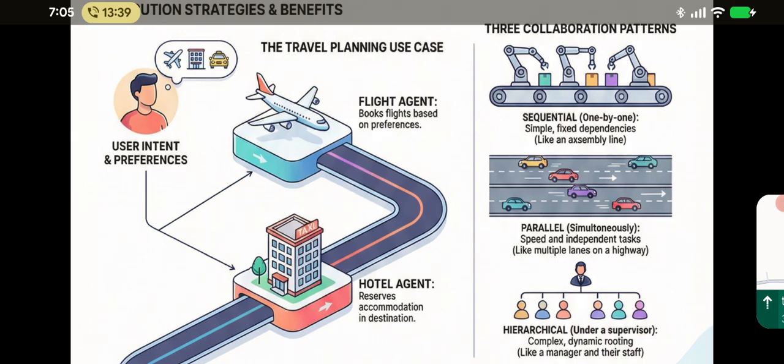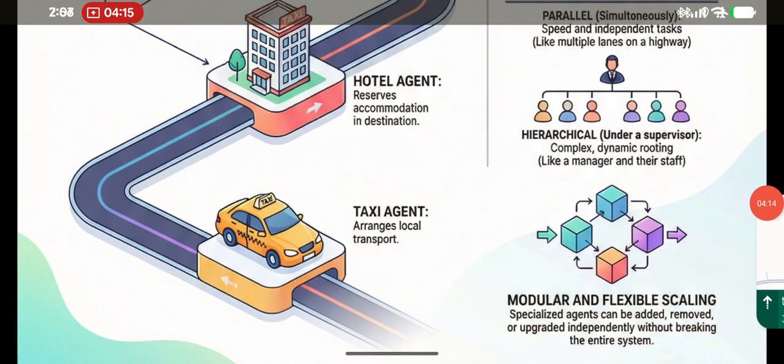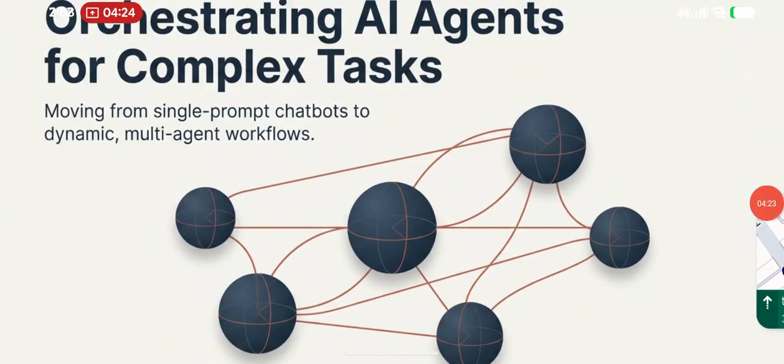So let's understand the pros and cons of each of those different mechanisms, whether it's serial, parallel, or orchestration, hierarchical, right? So in a simple agentic solution with a single agent, one can specify the API calls to book the flight, and then API calls to book the hotel and the taxi.